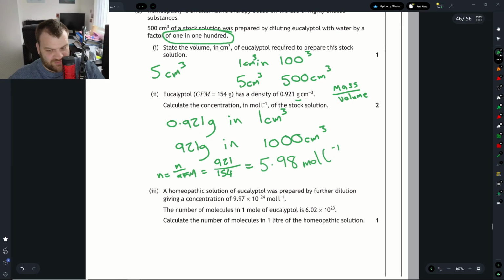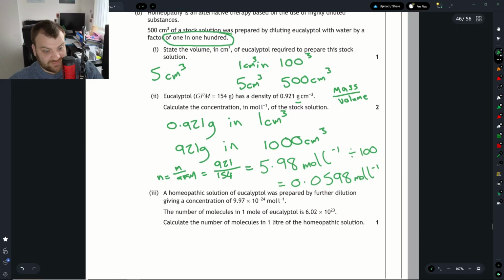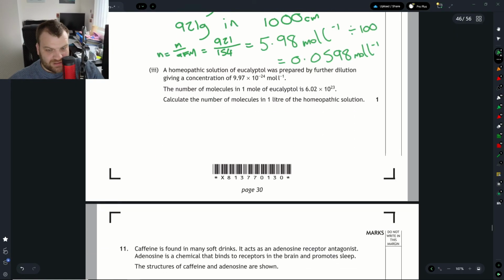So that means it's going to be 100 times less concentrated. That would give you 0.0598 moles per litre. If you had a 50-50 split, a 1 in 2 dilution, it would halve it. Here we have a 1 in 100, so that's going to divide it by 100, and that should give you your correct answer for that question.